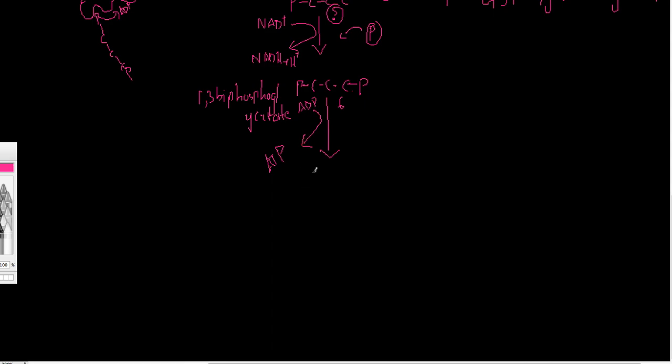So now you can imagine, when one of these phosphates has left with this process right over here, the substrate level phosphorylation, we get a molecule with only one phosphate group attached to it. Now we call it 3-phosphoglycerate.